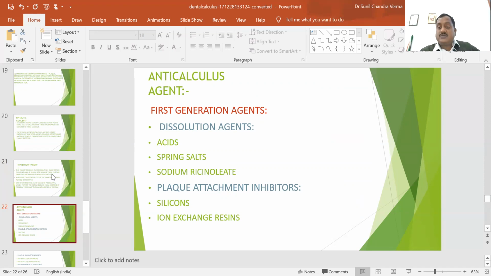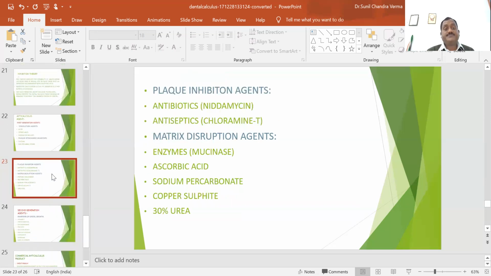In this, we will talk according to generations. The first generation agents are dissolution agents, which dissolve calculus. In this, the agents are acids, enzymes, sodium ricinoleate, and plaque attachment inhibitors are silicones and ion exchange resins.